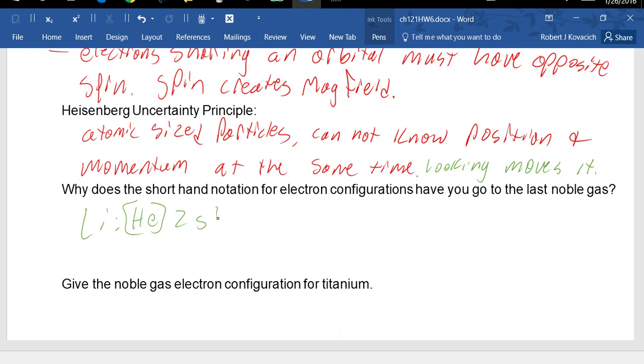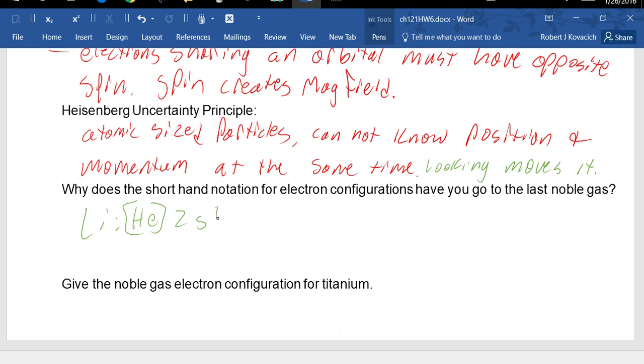The noble gas electrons are unreactive. Since we're talking about electrons doing stuff, those electrons are off limits. They just don't do anything. So why bother to include them? In lithium, which only has 3 electrons, there's no need to discuss the first 2 electrons. They'll never do anything in a chemical reaction, period. So I could just say helium, and then anything after that is reactive. In this case, it's just 1.